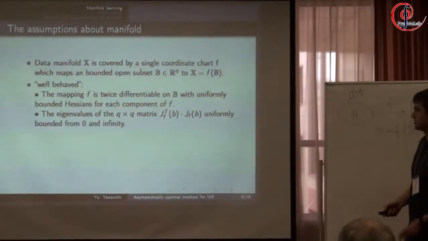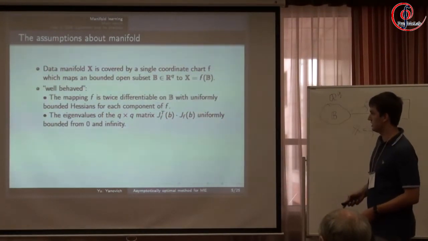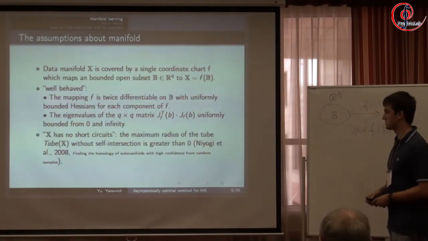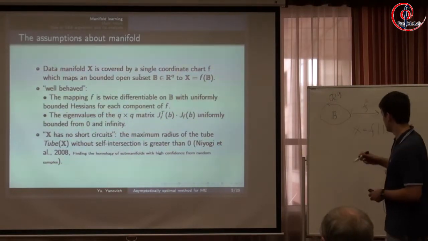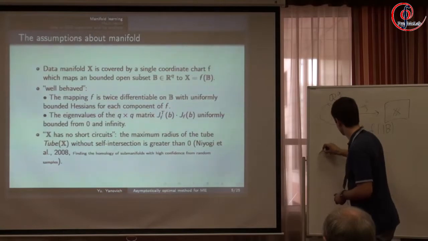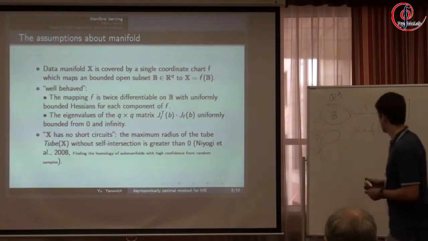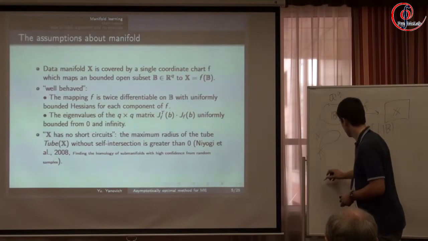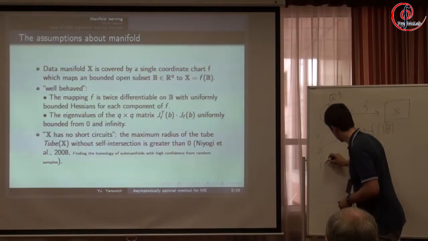These are conditions on the smoothness, and they are presented here. They are rather clear. And the next assumption is that our manifold has no short circuits. Informally, it means that such cases for manifold X are prohibited. There must be some positive epsilon with no self-intersections.